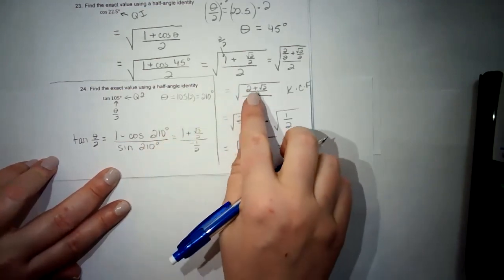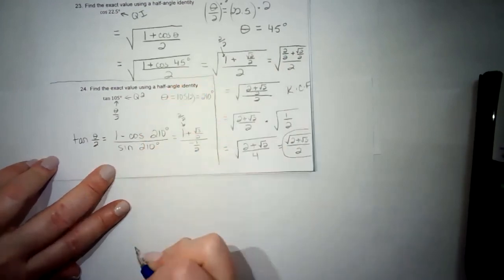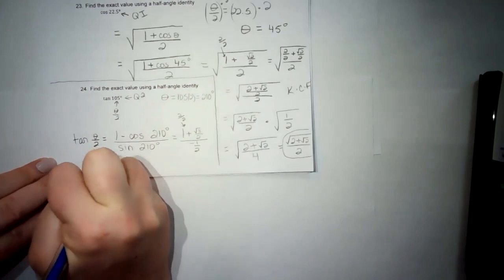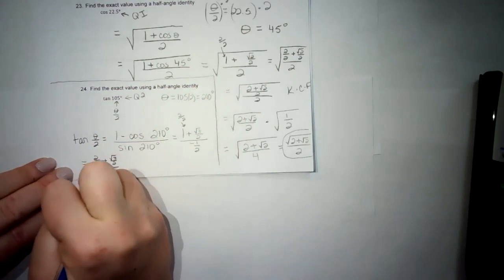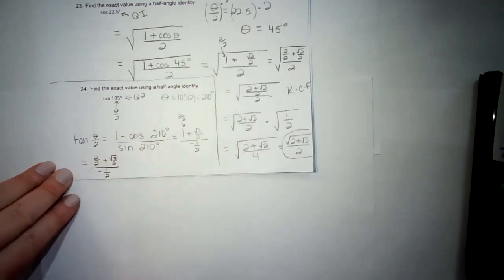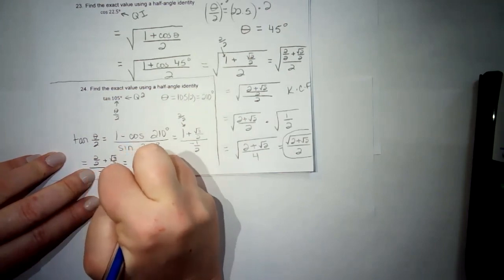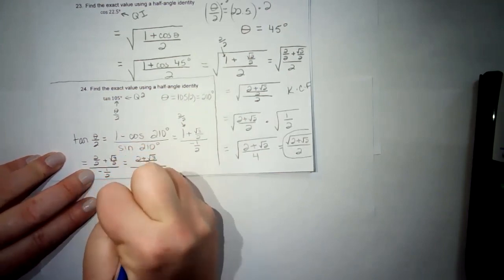I'm going to do kind of what I did here again, where I change this 1 to 2 over 2. That's going to give me 2 over 2 plus root of 3 over 2, and the whole thing is over negative 1/2. Clean it up. I have 2 plus root of 3 over 2, all over negative 1/2.